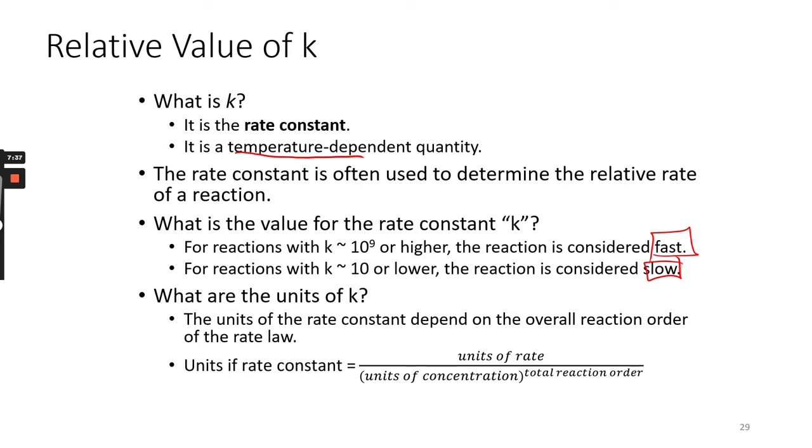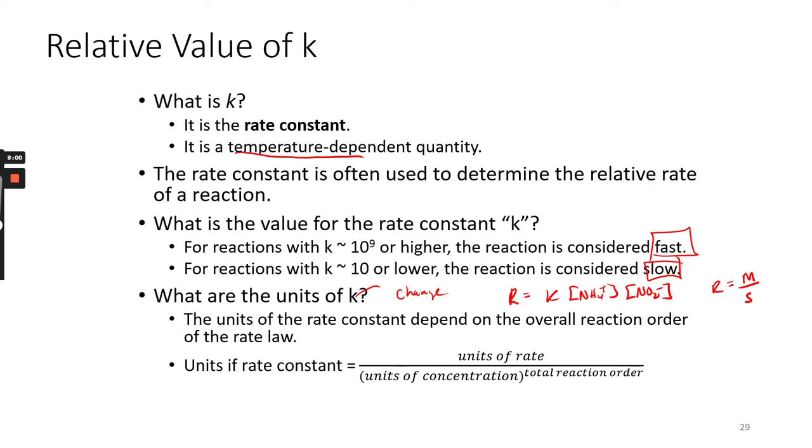Okay? And the units of K change. These units change because it depends on your rate law. So, for example, for the rate law we just did, each of these are first order. I know my rate has to have units of molarity per second, right?